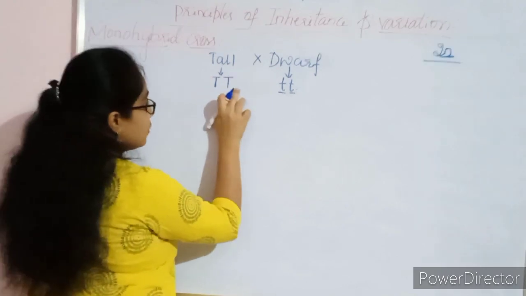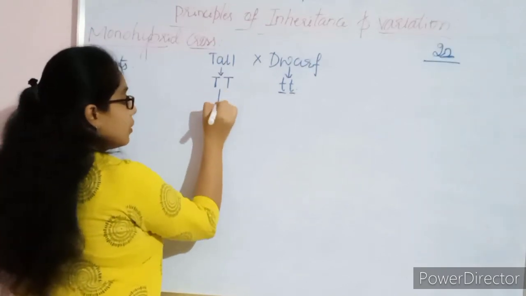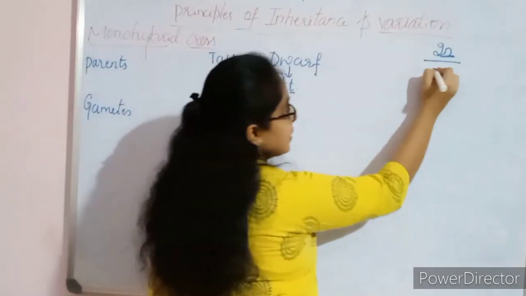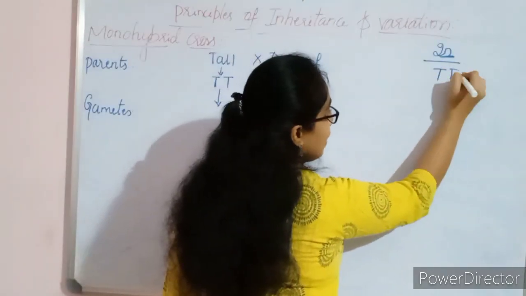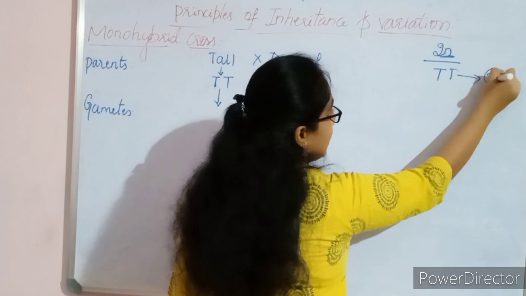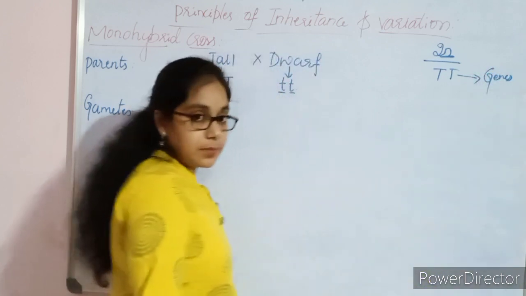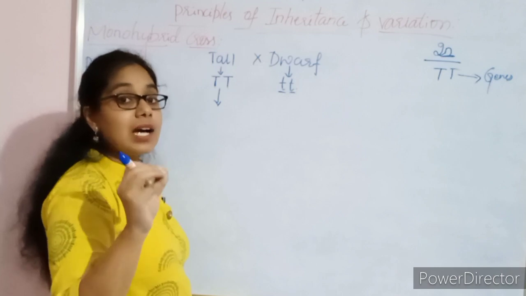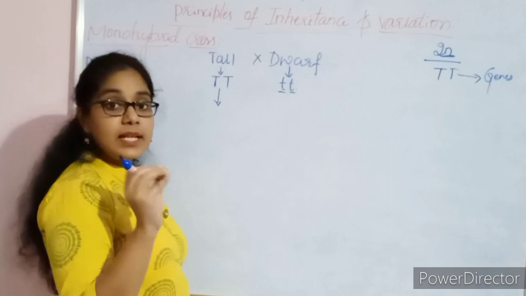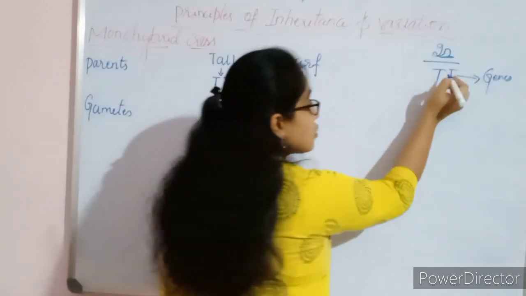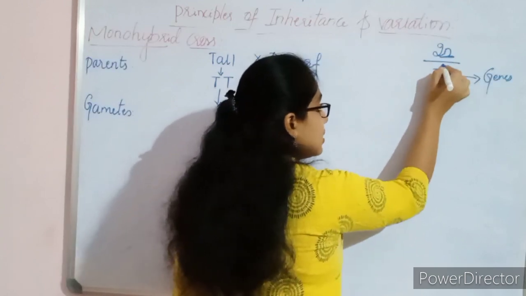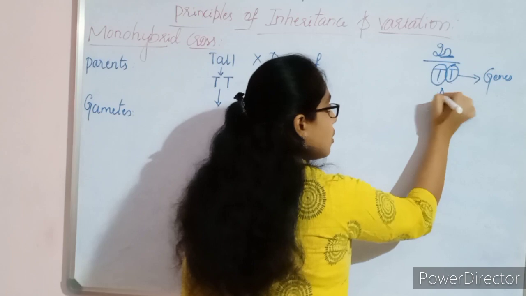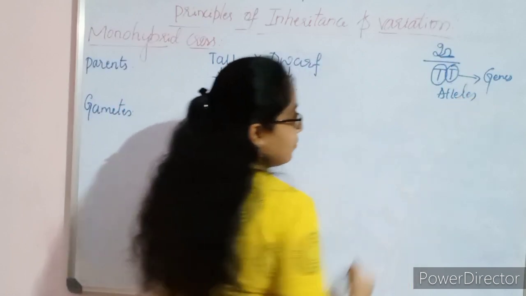So here, the capital T, I'll write here capital T, they are genes. Always genes occur in pairs only. Among these genes, the first part and the second part are called alleles.